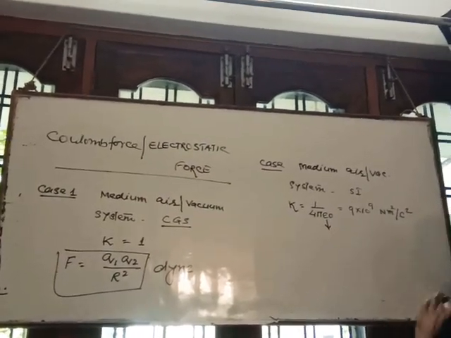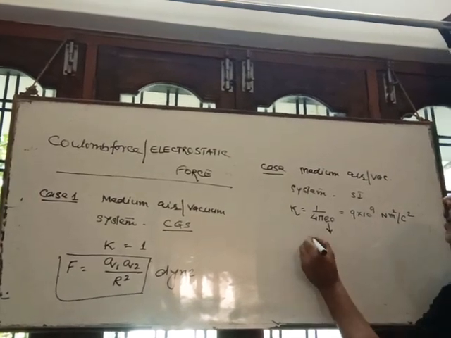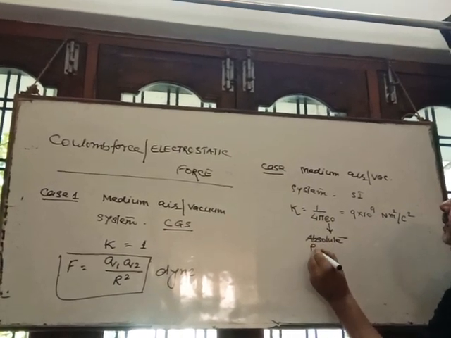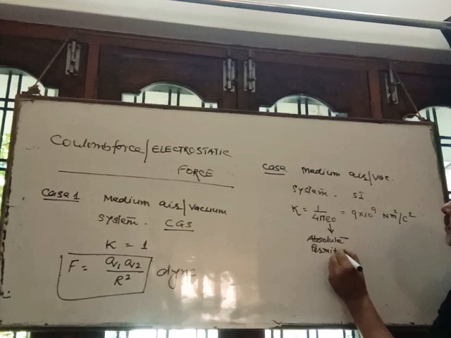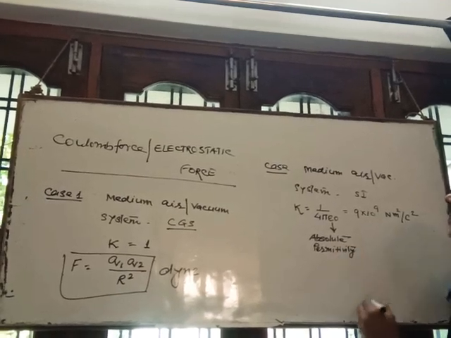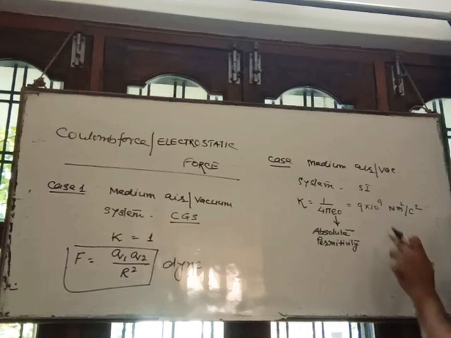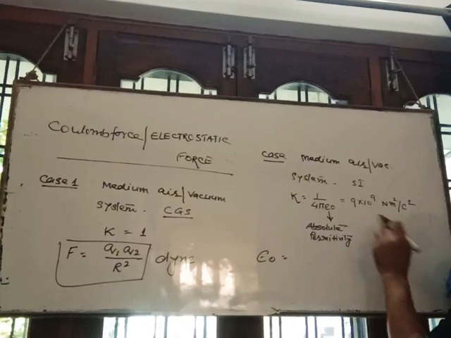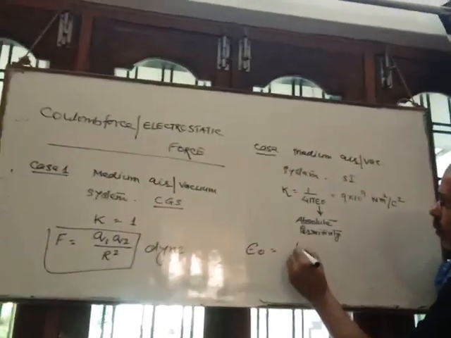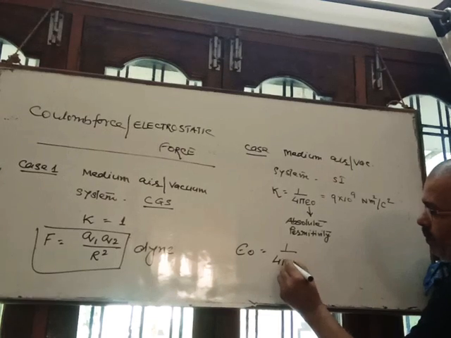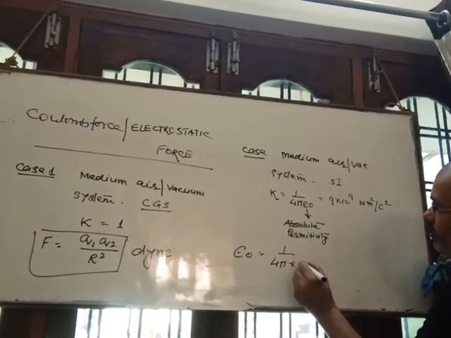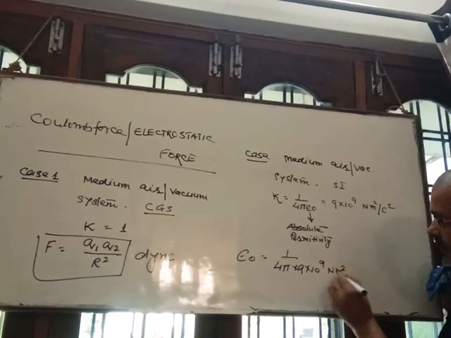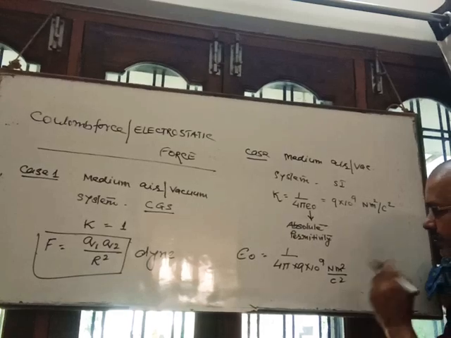Epsilon 0 is called absolute permittivity, or you can say permittivity of air or vacuum. And what is its value? See here, epsilon 0 is equal to 1 upon 4 pi into 9 into 10 to the power 9 Newton meter square per Coulomb square.